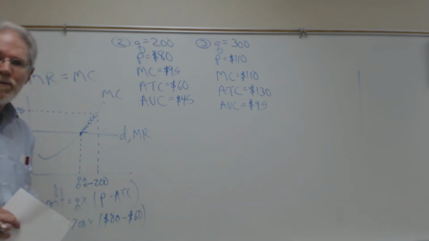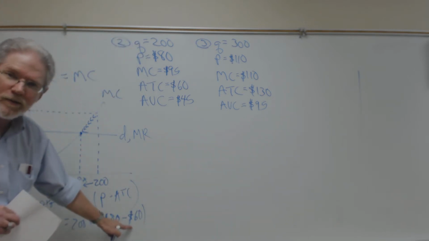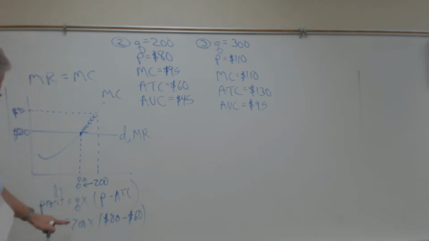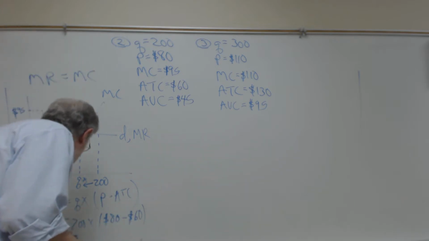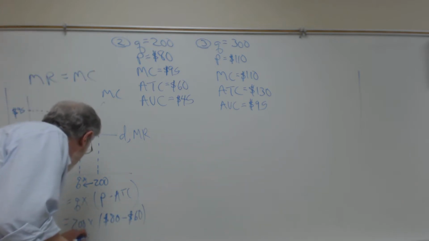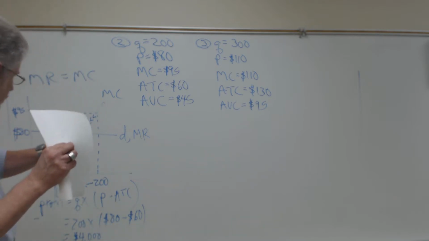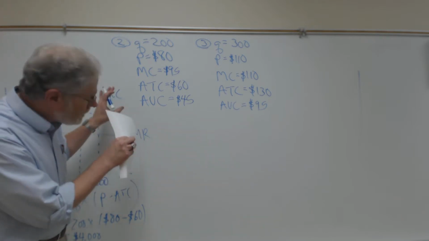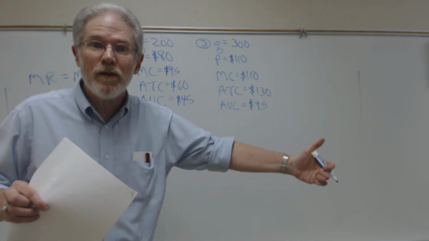Is the firm making any profit? Absolutely. It's making $20 of profit per unit, selling 200 units, and that means the firm is making $4,000 of profit. Okay? The owner is doing better running this firm than he could do if he went into some other line of work.